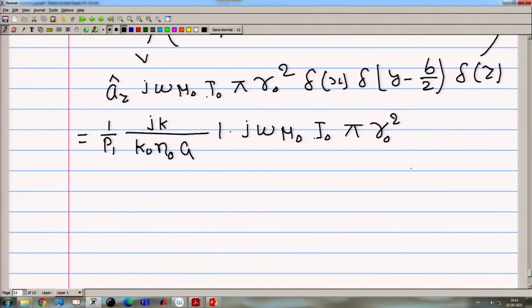So, the value for this, we can substitute the value of p 1, that will be a b upon z 1. So, this will be j square, and j into j will be minus 1, and k will be omega square root of mu epsilon. So, we have to do the calculation for k naught.